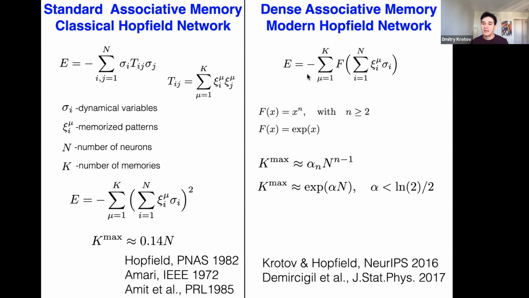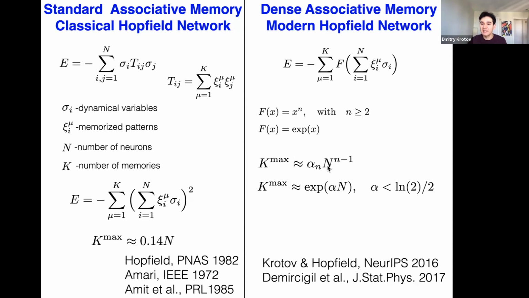Now, it turns out that if you repeat pretty much the same computation that led us to the conclusion that the capacity of the classical Hopfield network is 0.14 n, but in the case of dense associative memories, you would see that for the power function f, the capacity now scales like a power law.